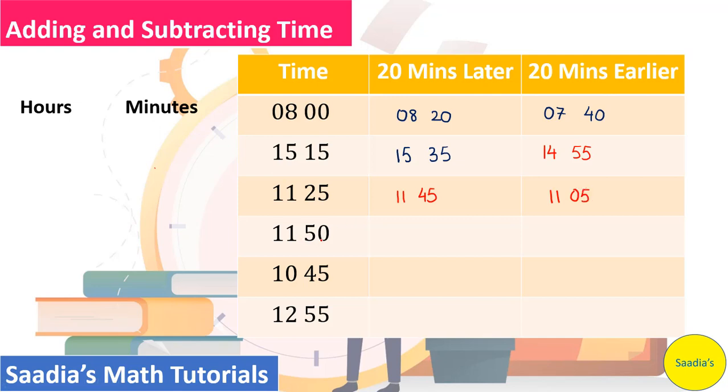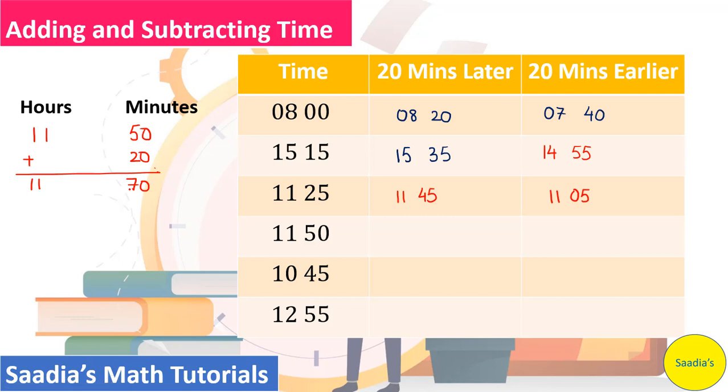Okay, 11:50. 20 minutes later, it means we have to add 20. Now what is 50 plus 20? 70 minutes and 11 hours.